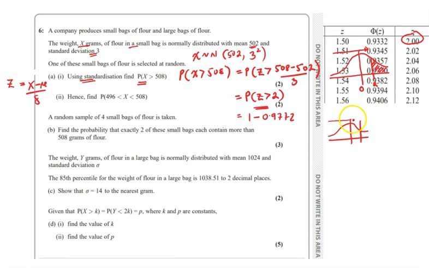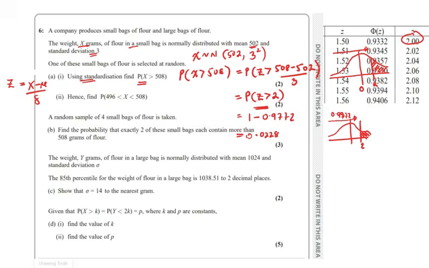So this is the area we have read from the table, 0.9772, when this is 2 over here. But you're looking for this, so we do 1 minus that. When you subtract, you end up with 0.0228.